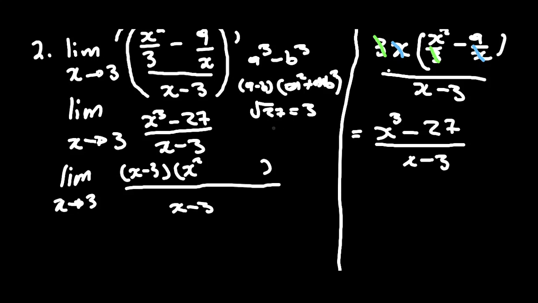So if you know 27 is equal to 3 cubed, I already have one 3, so I'm left with two 3's, which means it's 3 squared.